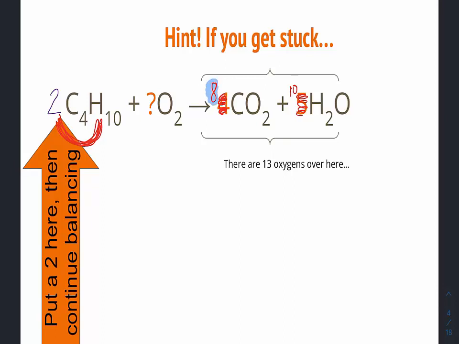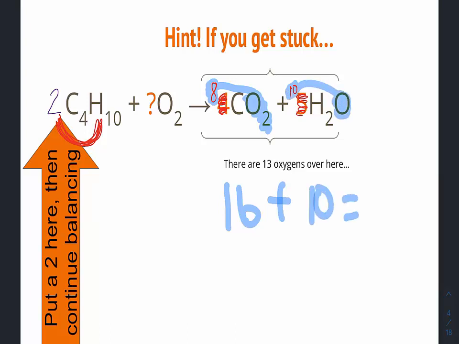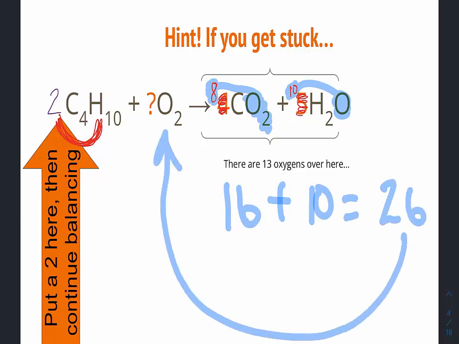I have 8 O2s, that's 16, plus 10 oxygens, that's 10. What's that equal? 16 plus 10 is going to be 26. So I need 26 oxygens on the reactant side. What coefficient would I put in front of O2 so that it equaled 26? That is going to be a 13, because 13 times 2 would equal 26.